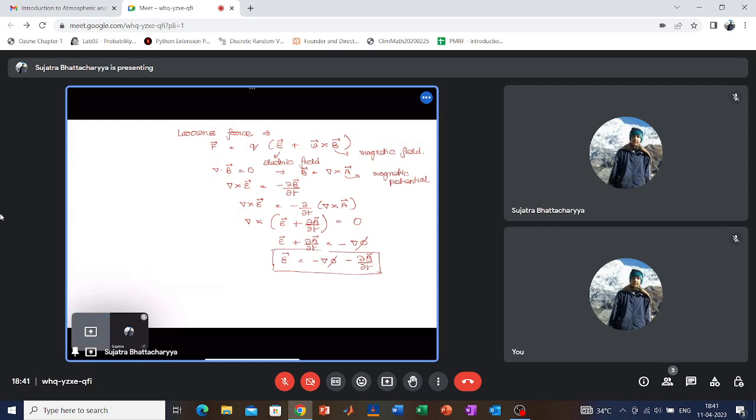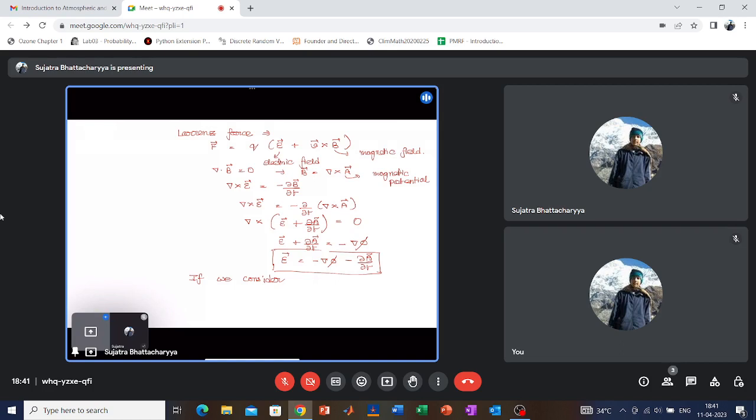Okay, so again, we are talking about plasma as a particle.